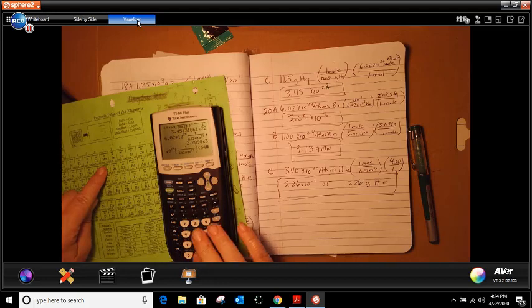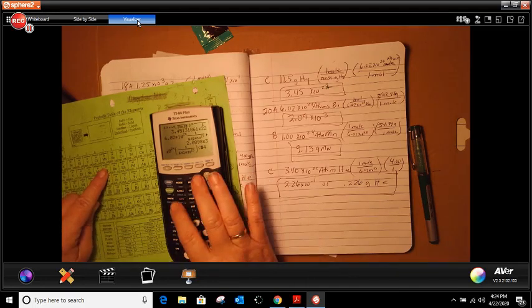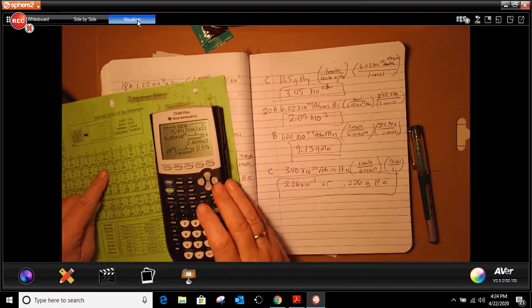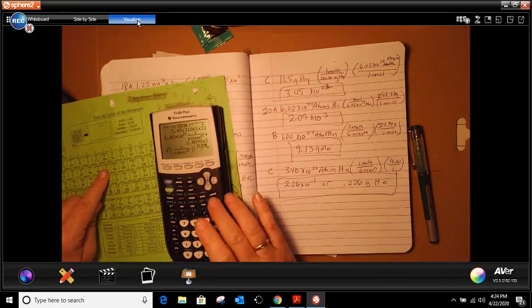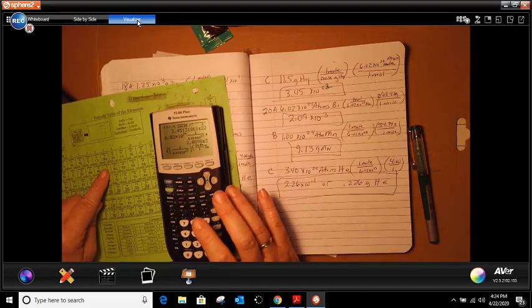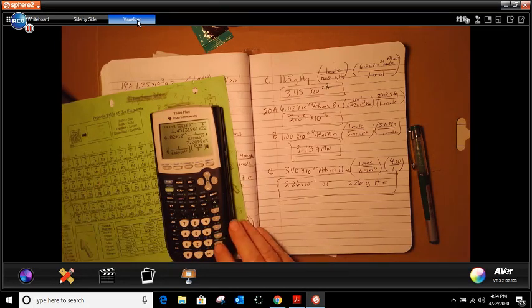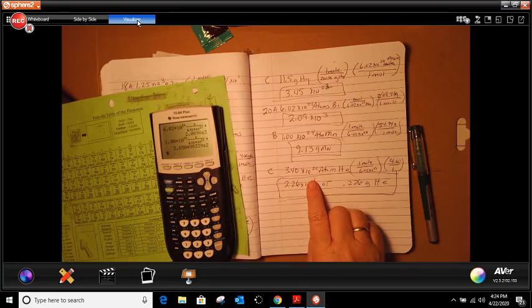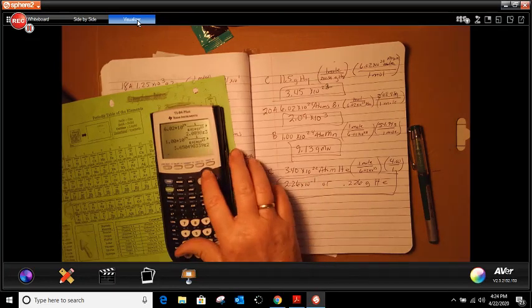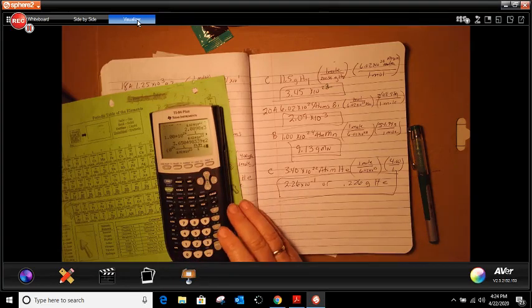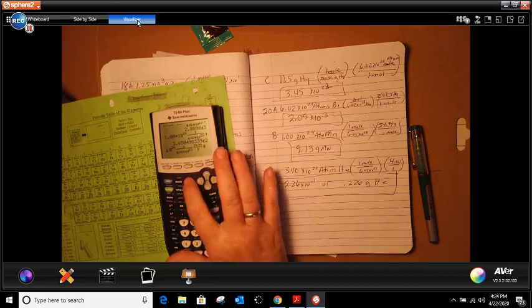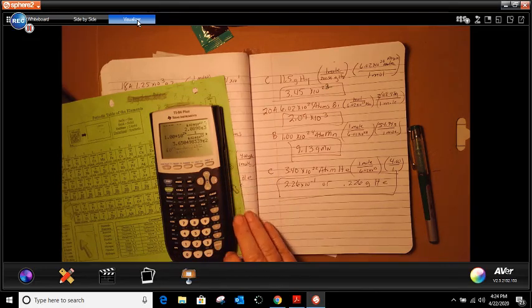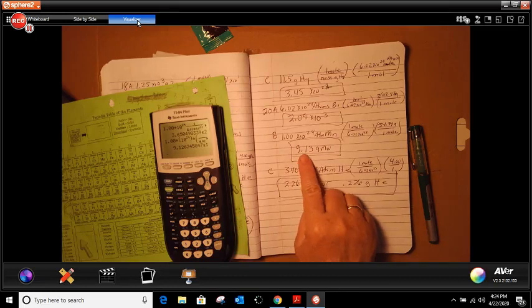Yep, 54. Alpha y, enter. That would be 54.94 over 1. And I'm going to close my bracket again and hit enter. Oh, I didn't finish it. I need to go back over here and delete this one. And then I get 9.12, which is 9.13.